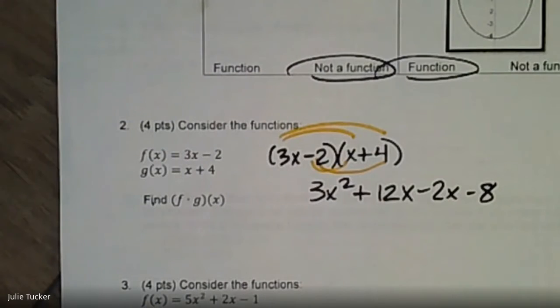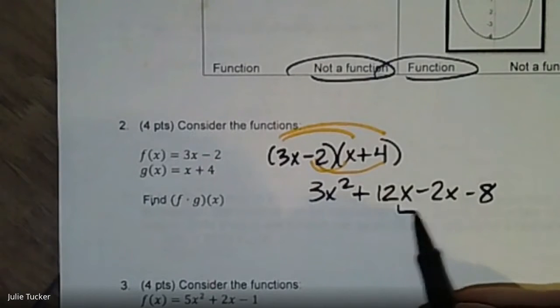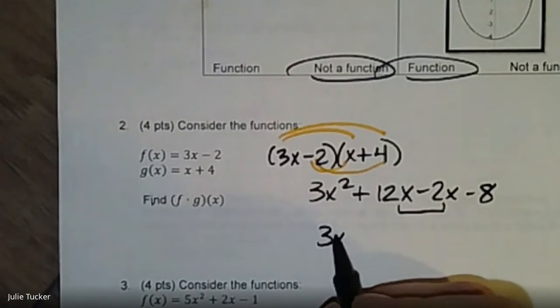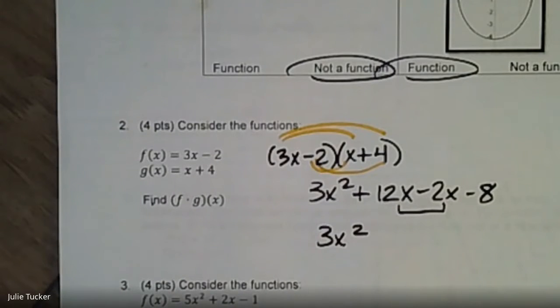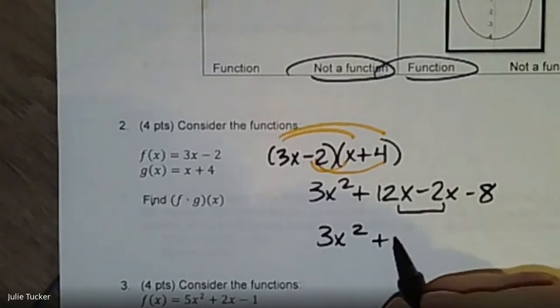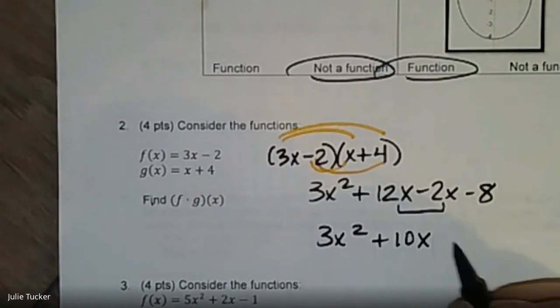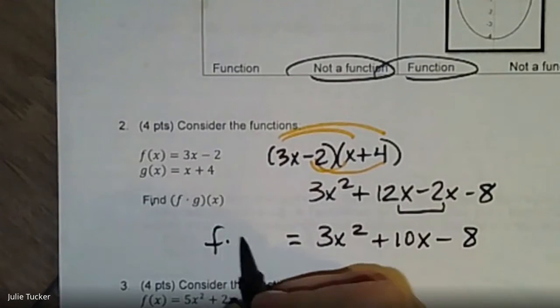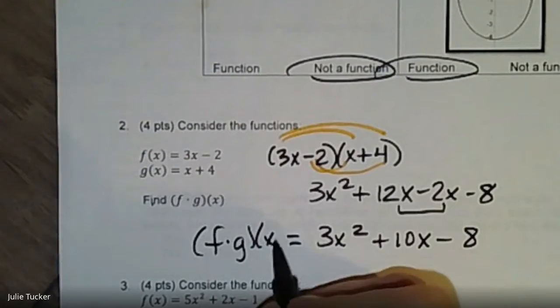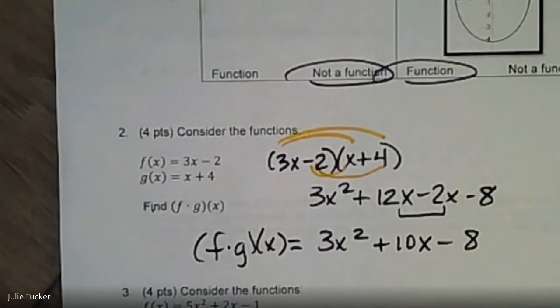All right. Now what? So 3x squared. Now what do I get when I combine the 12x with the 2x? Good. All right. Problem done.